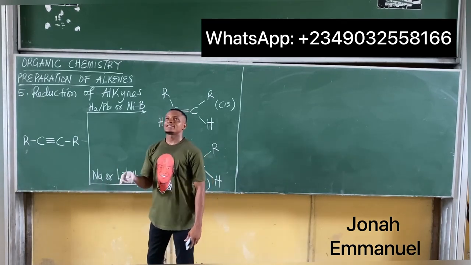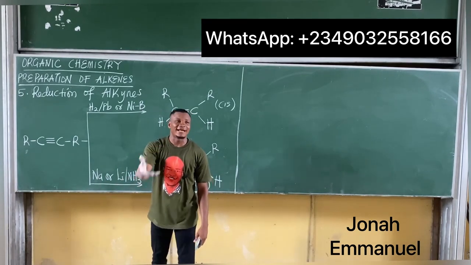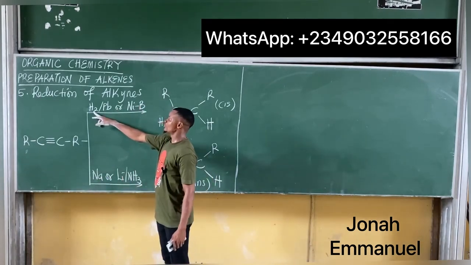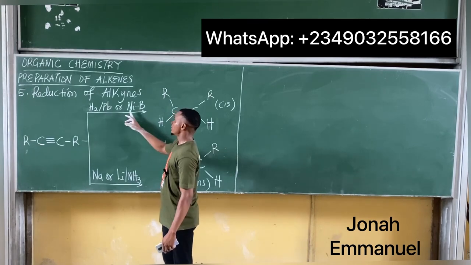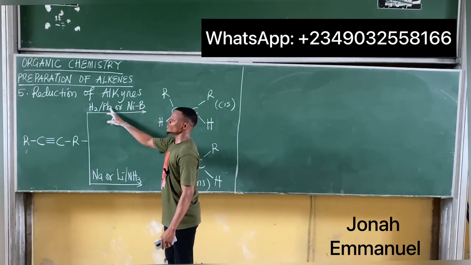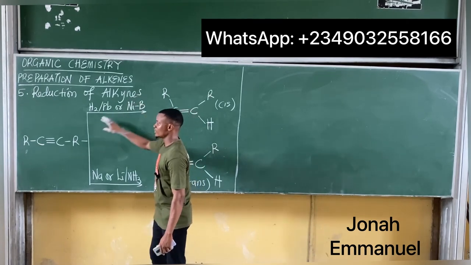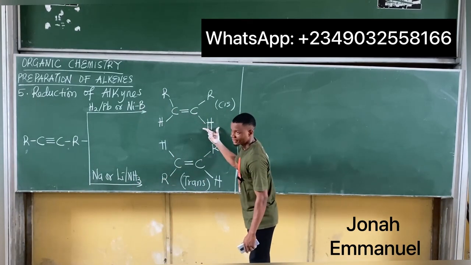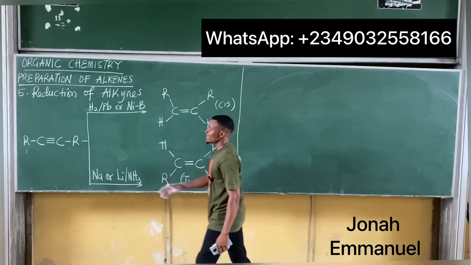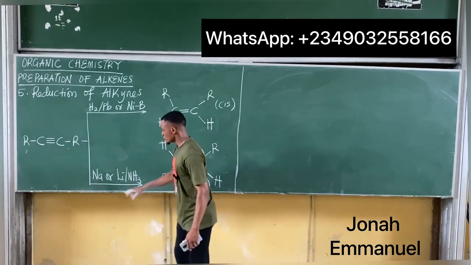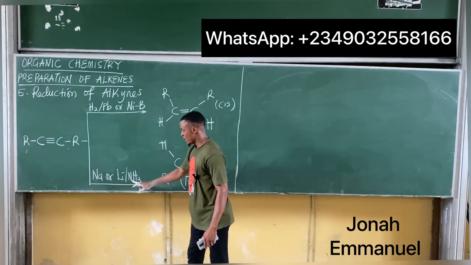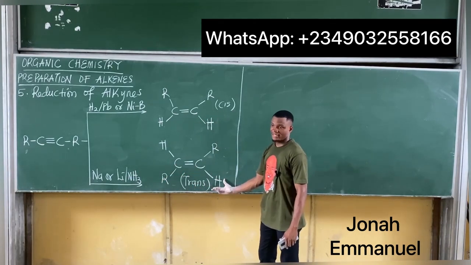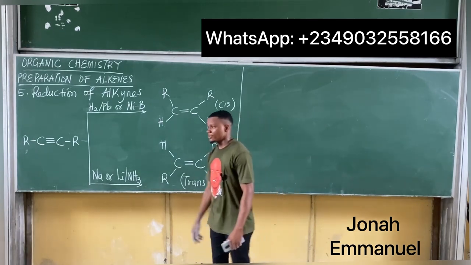If I'm reducing an alkyne using hydrogen and lead or nickel boron, I will have a cis structure of the alkene. Alternatively, with the same alkyne, if I use sodium or lithium and ammonia, you have the trans. That's the idea. Let's take an example and see how it works.